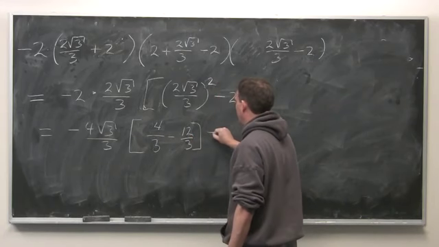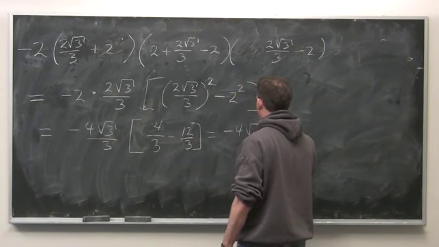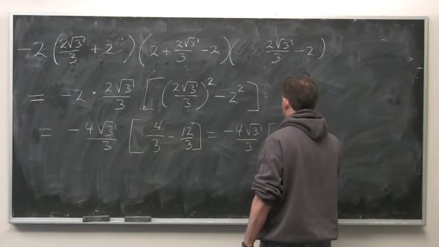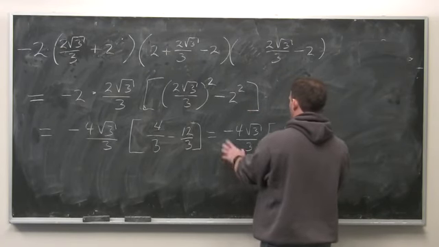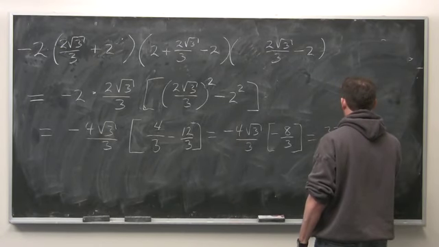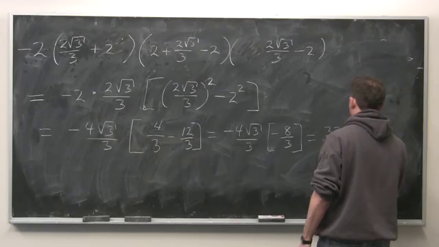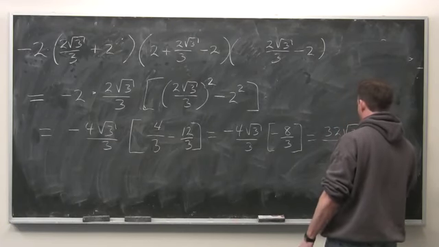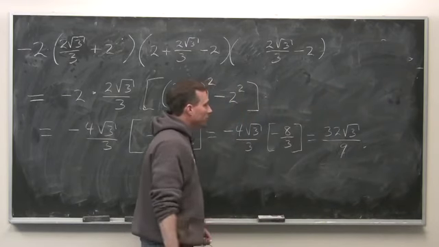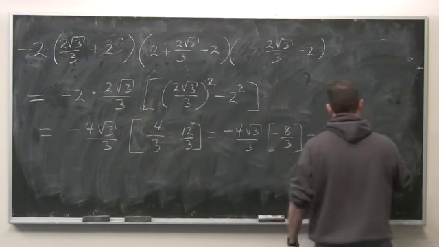So that's minus 8/3. So we get minus 4 times the square root of 3 over 3 times minus 8/3. The minus signs cancel. So we get 32 times the square root of 3 over 9. 32 times the square root of 3 over 9 meters.